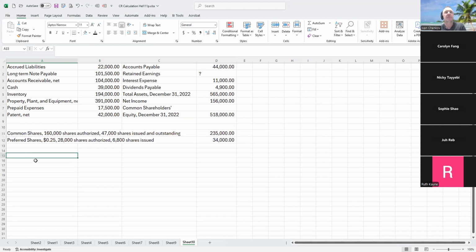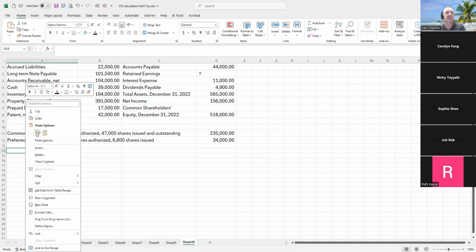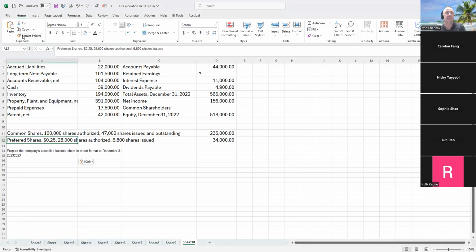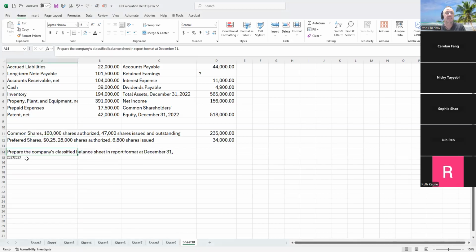Okay, so what we have to do is prepare the company's classified balance sheet for the year ended December 31st. That's what we have to do. How are we going to do this?